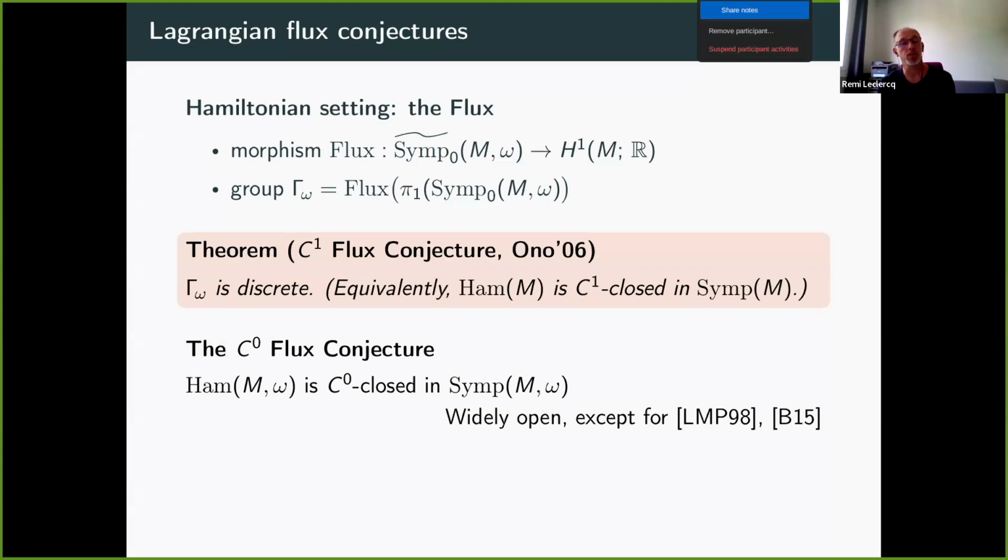I don't think there is any interpretation in terms of flux group or things like this, but at least it's a question you can ask. The C1 flux conjecture has been proven in full generality, and C0 is widely open.